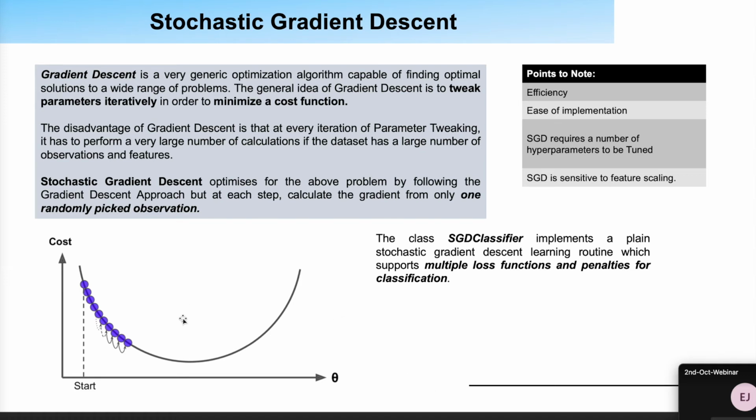So now what happens is that while performing this approach, starting from a random set of values for beta 0, beta 1, it has to go through a lot of steps. Okay, and at each step it tweaks the parameter a little bit and finds out the gradient and sees whether it is moving in the direction that it is supposed to move.